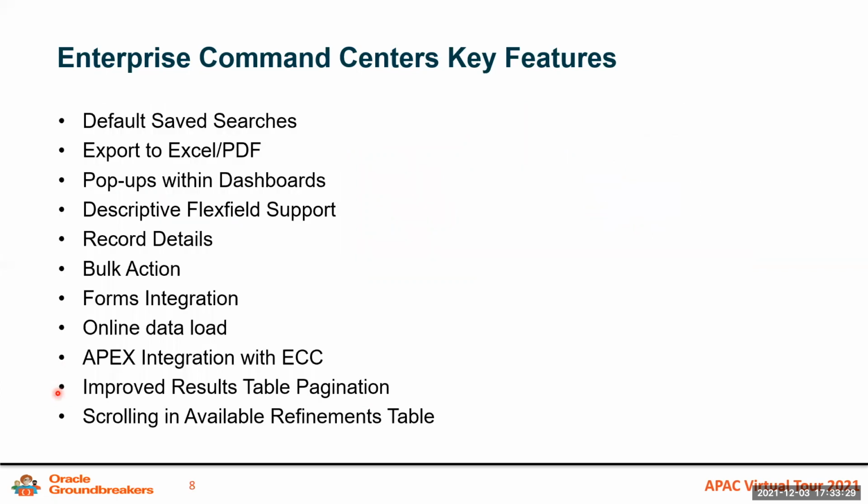Some additional key features. We can save the search criteria, similar to folders. You can create your own search criteria, save it, and share it with other users. Then you can export the results table data into Excel or PDF, and it can pop up within the dashboards. It has descriptive flexfield support.